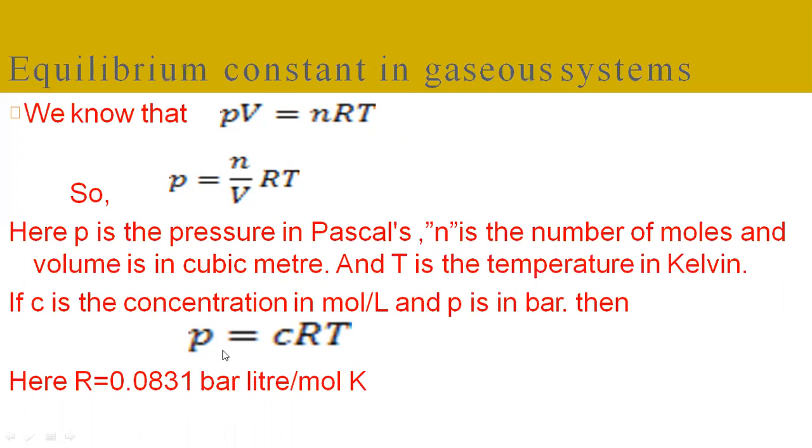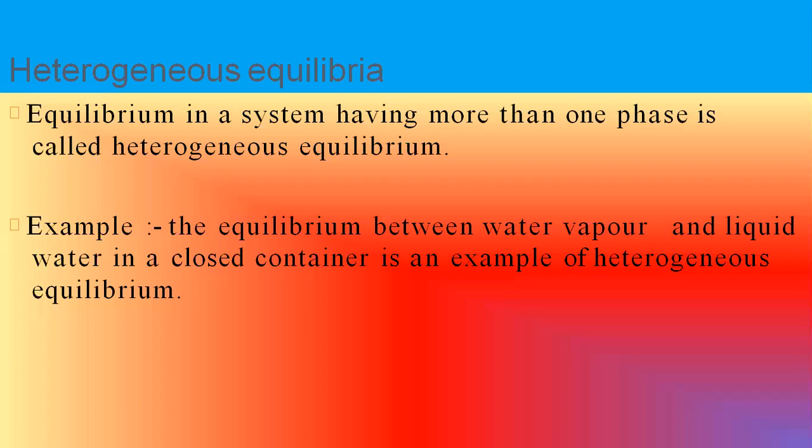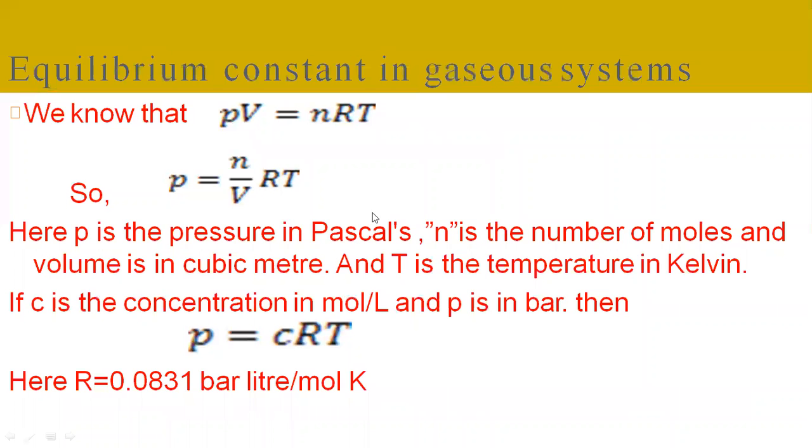So we can write here P is equal to CRT, where R is equal to 0.0831 bar liter per mole Kelvin. Okay, this is the value of the gas constant, right? Whenever we perform the experiment, if we see that the pressure is given in bar or atm, you have to convert it accordingly.